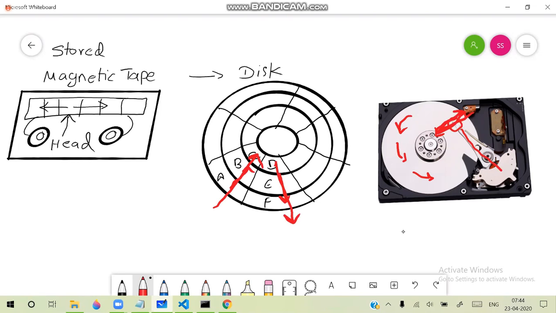Now, what is the problem in this? Suppose we have data A, B, and it has stored these two and stopped. Next, it has stored C, D, E here. And now this place in the memory is not utilized.